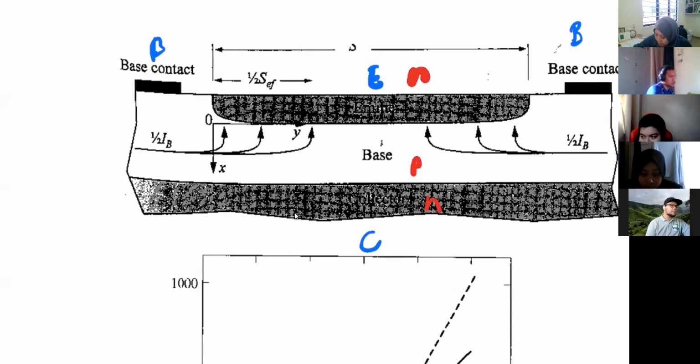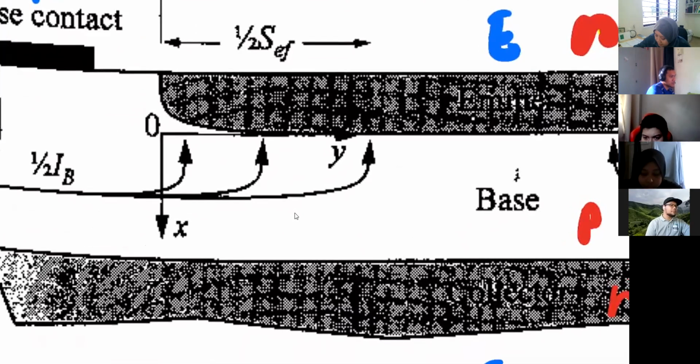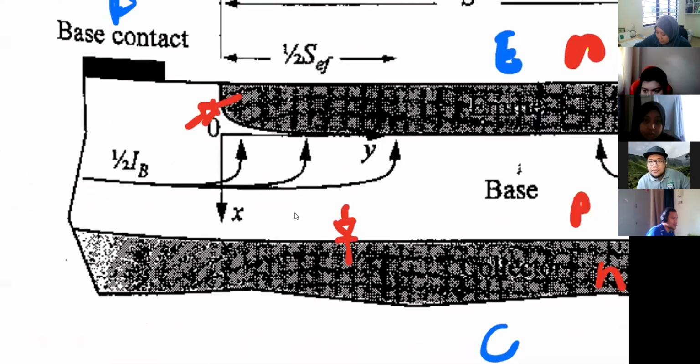So basically, if I were to draw, the P is here, the N is here. Betul. So if I draw the diode, it looks like that, and it's all over.